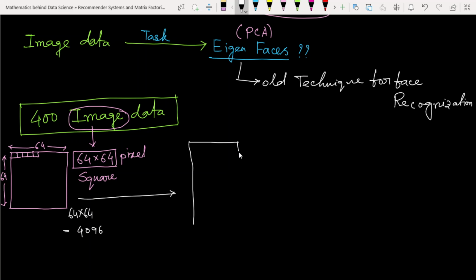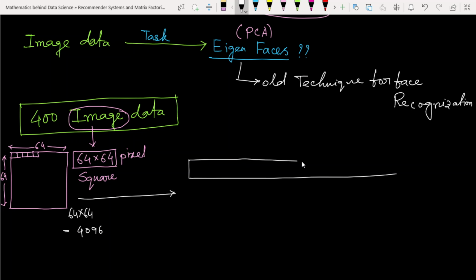So we have to take each of the 64 rows. The first row has 64 elements, the second row has 64 elements, the third row also has 64 elements, and at the end the last row also has 64 elements. These are the pixels of the image.